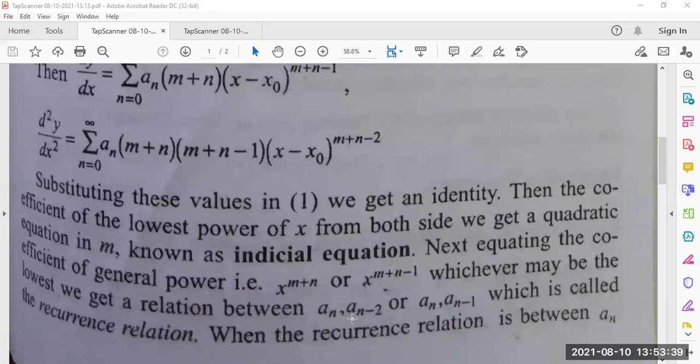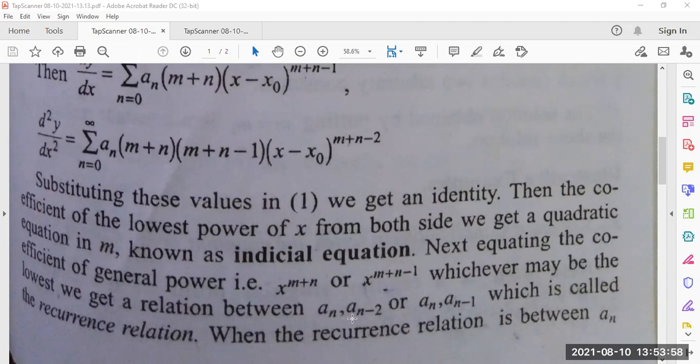Is it understood what we have to do? At first, we have to check whether the given point is an ordinary point or a regular singular point. If it is an ordinary point, then the previously stated method, that is the direct method, is applied.